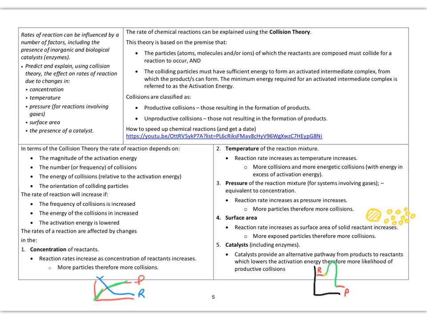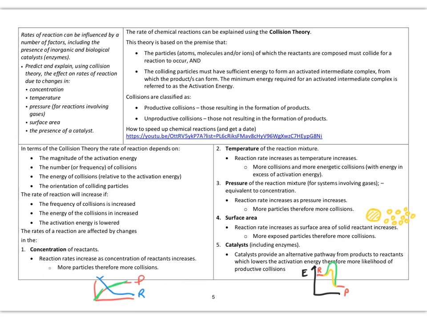If we add a catalyst, that gives an alternative pathway that takes less energy, remembering energy was on this axis. Because it takes less energy, there's more chance that with the same amount of energy you get a productive collision. If there's more productive collisions, more products form, and you get a faster rate of reaction.